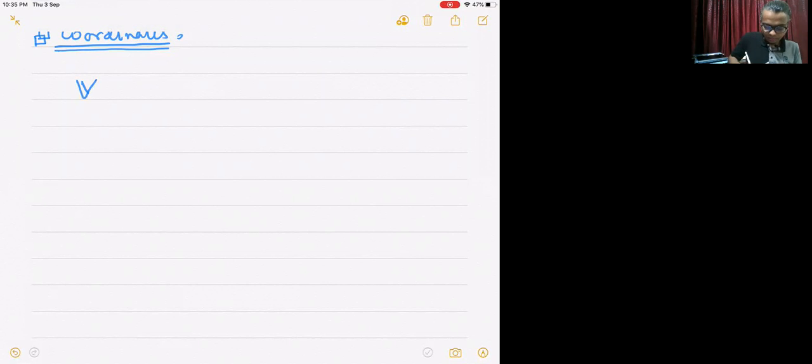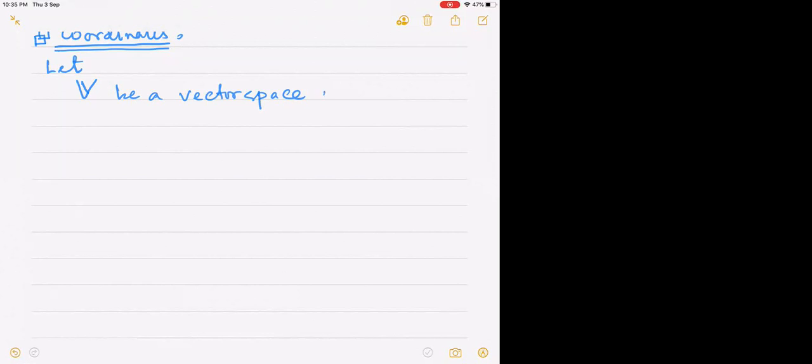So we start with an abstract vector space V. Let V be a vector space over a field F. Let us also assume that the dimension of V, say n, is finite. So it's a finite dimensional vector space.